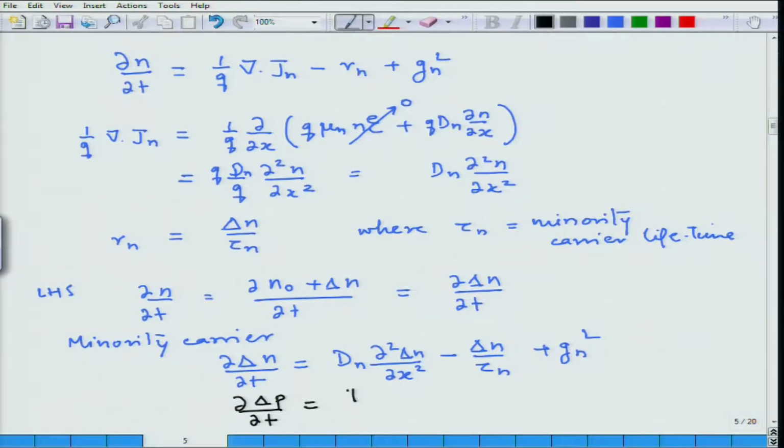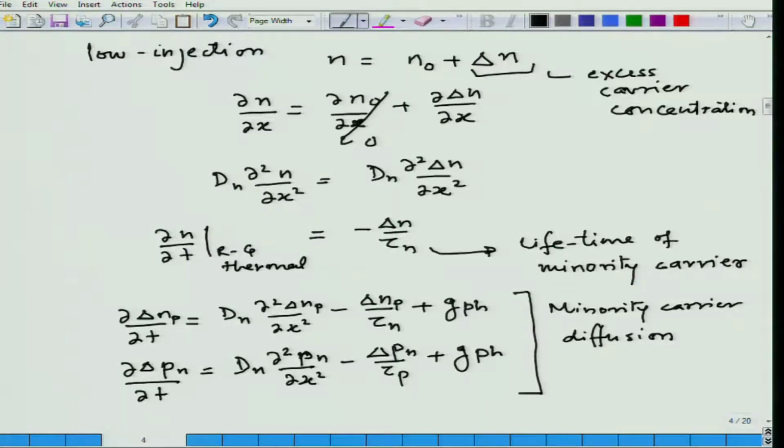This equation will be written as dP for excess hole concentration, given by. So, these two equations are the minority carrier continuity equations, which would be solved for many situations.